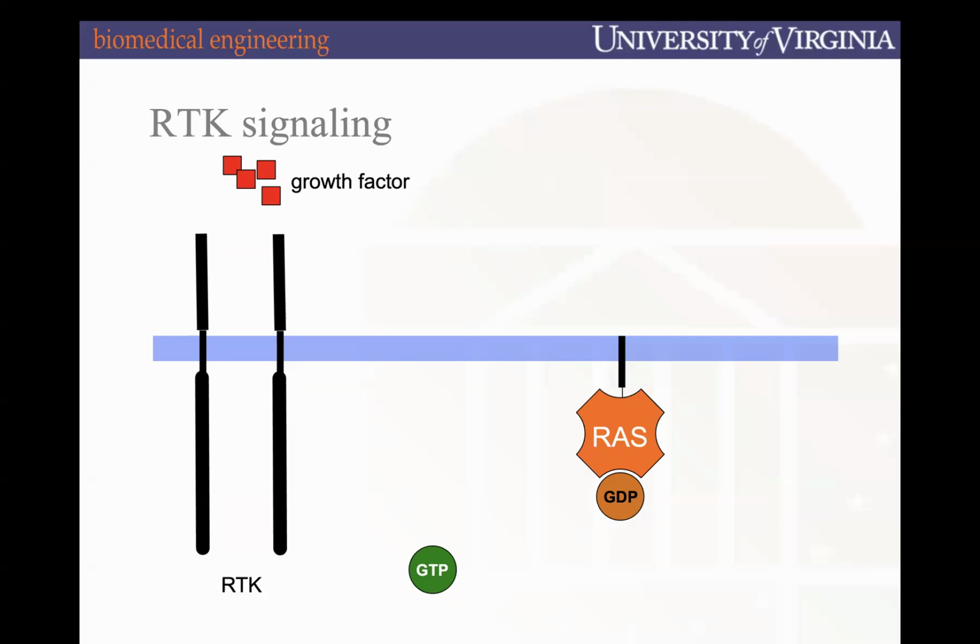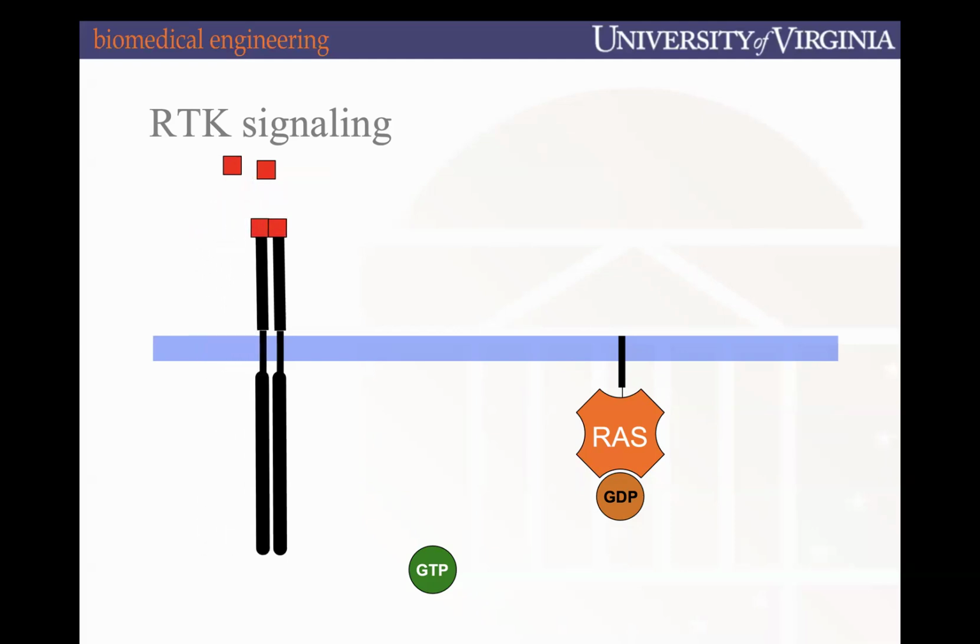So we talked about how heterotrimeric G proteins are regulated. The way in which the monomeric G protein RAS is regulated is after we have the ligand bind to the receptors, and we have the dimerization of those receptors. Again, there's going to be the tyrosine kinase activity of that growth factor receptor.